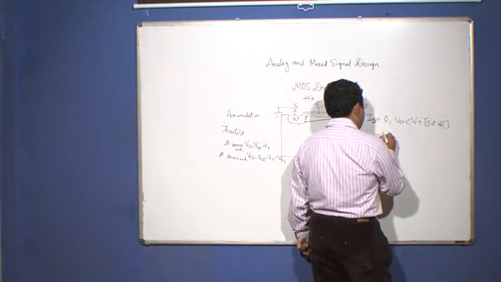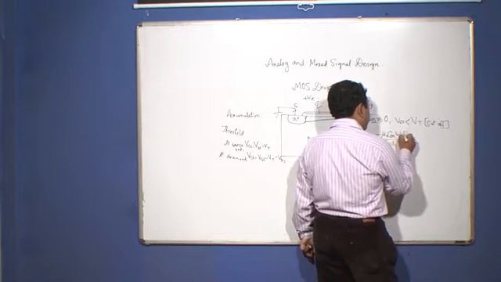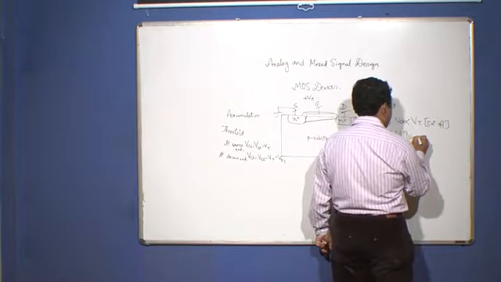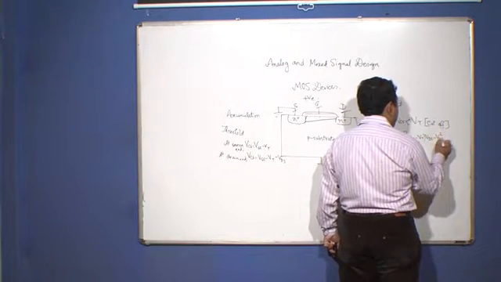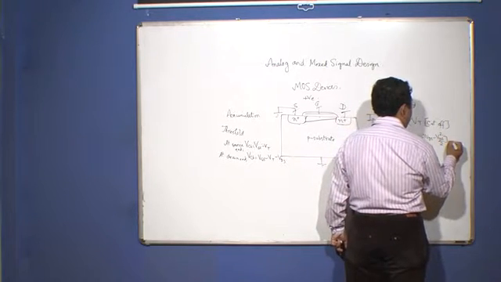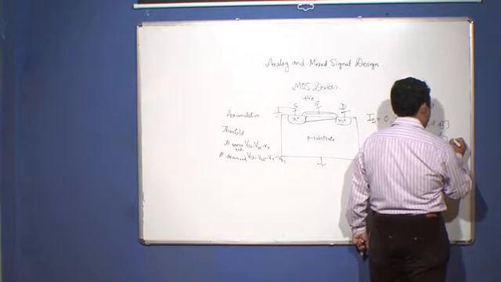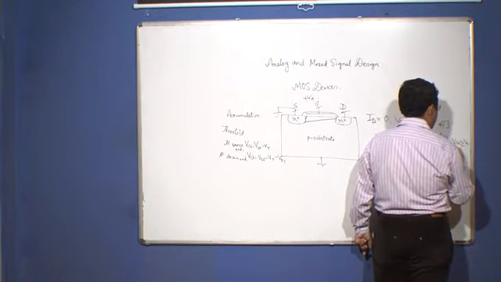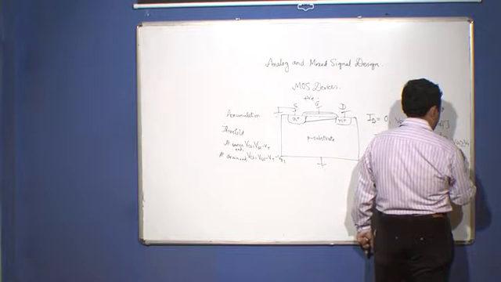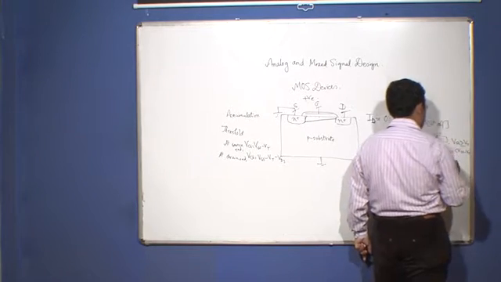This is equal to mu n COX W by L into (VGS minus VT) into VDS minus VDS square by 2, for VGS greater than or equal to VT and VDS less than VGS minus VT.